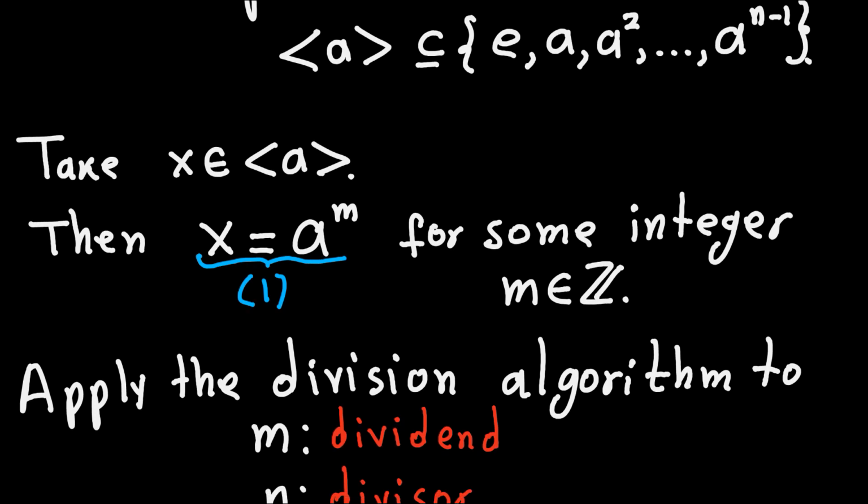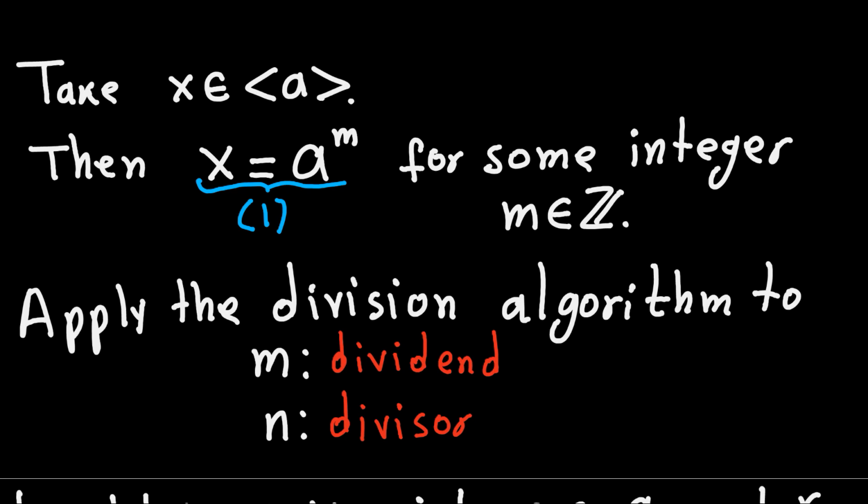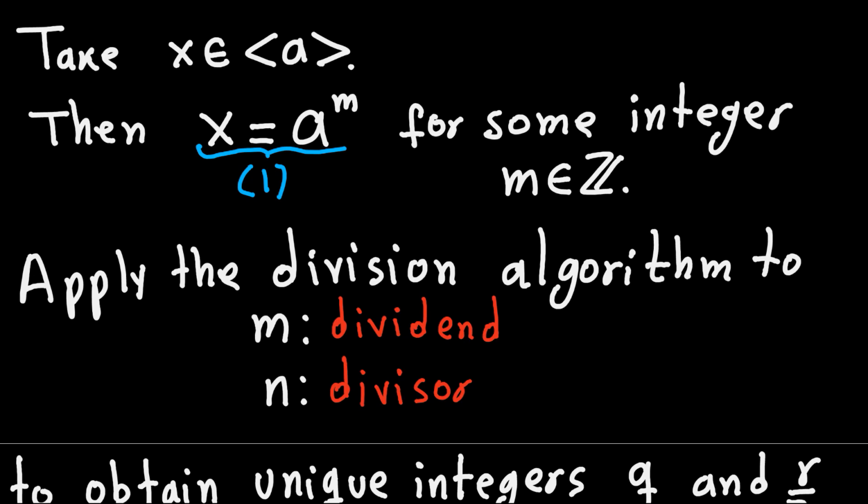To do that, we're going to apply the division algorithm. In this way, m for us is going to be the dividend, and n, which is the order of a, is going to be the divisor. So we're going to do this division, m divided by n.